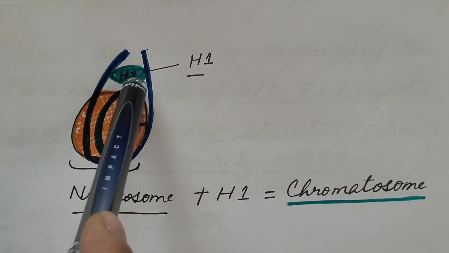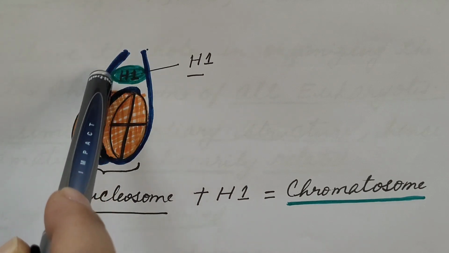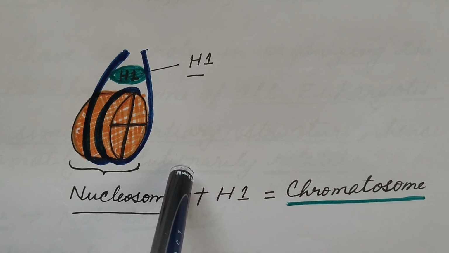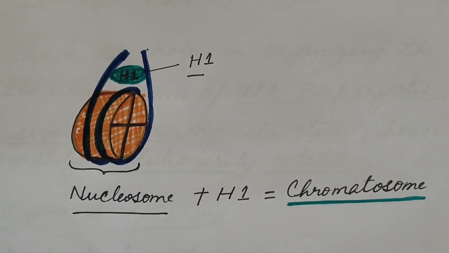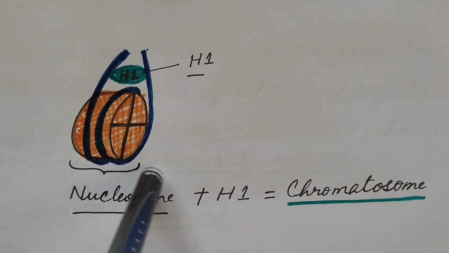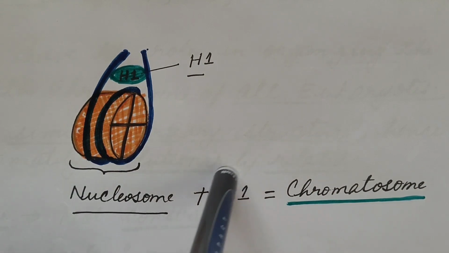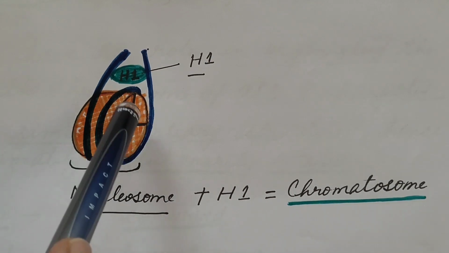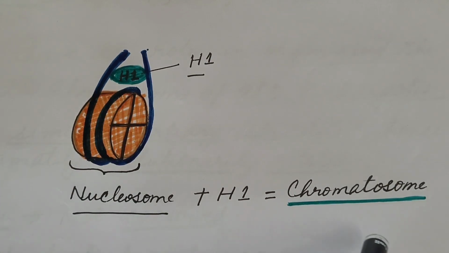It binds to the region where the DNA enters and leaves the nucleosome or octamer. So, H1 histone is not part of the nucleosome, and the nucleosome along with H1 histone protein is known as chromatosome. The detailed structure of the nucleosome, chromatosome and the further levels of packaging of DNA we will discuss in detail in the next part of this video.